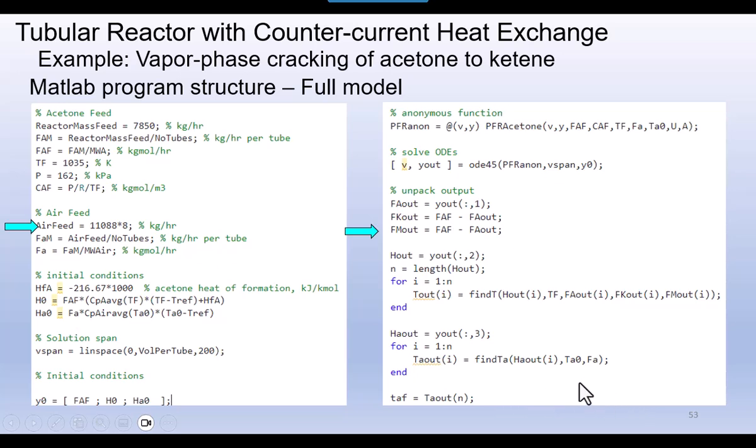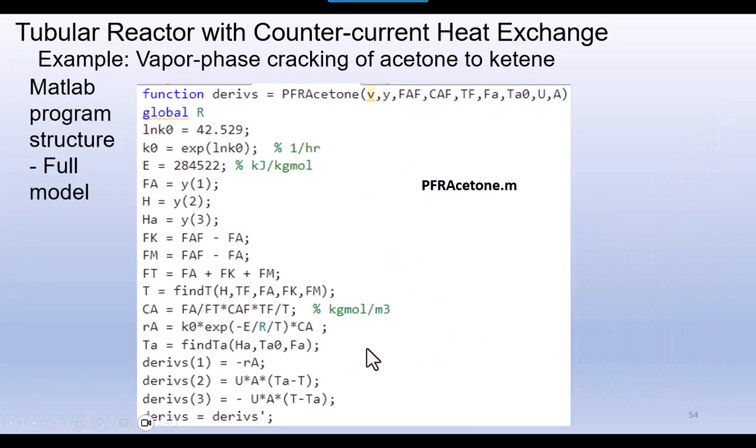And then having that, we just return TAF as the last value of the air temperature. And just an editorial comment, we really don't need this code here for the reacting mixture because the function is only interested in returning the air temperature at final volume, okay?